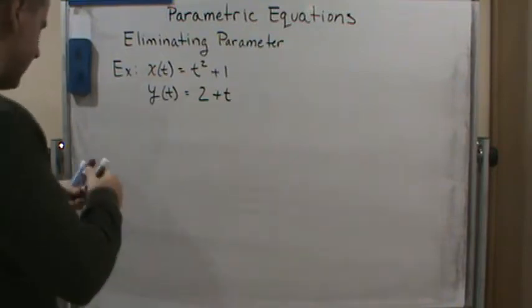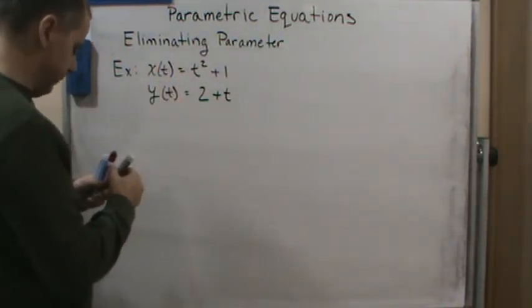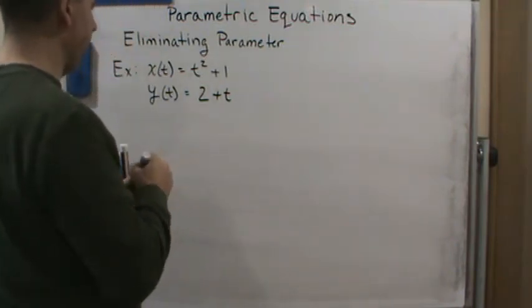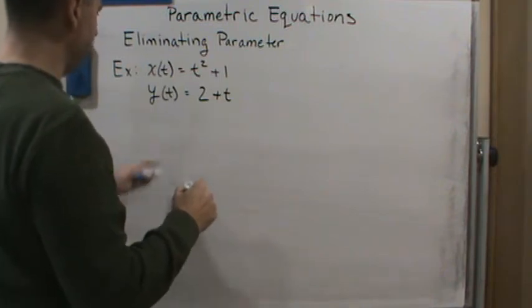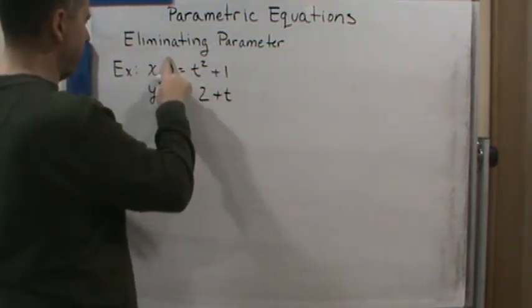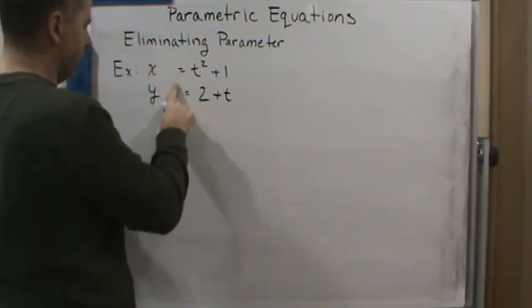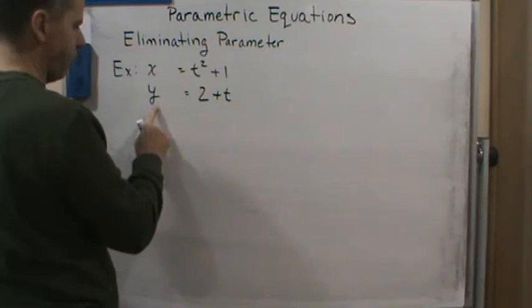For this case, I'm going to just drop the t for a minute. We know it's a function of t. So we have x equal to this and y equal to this.